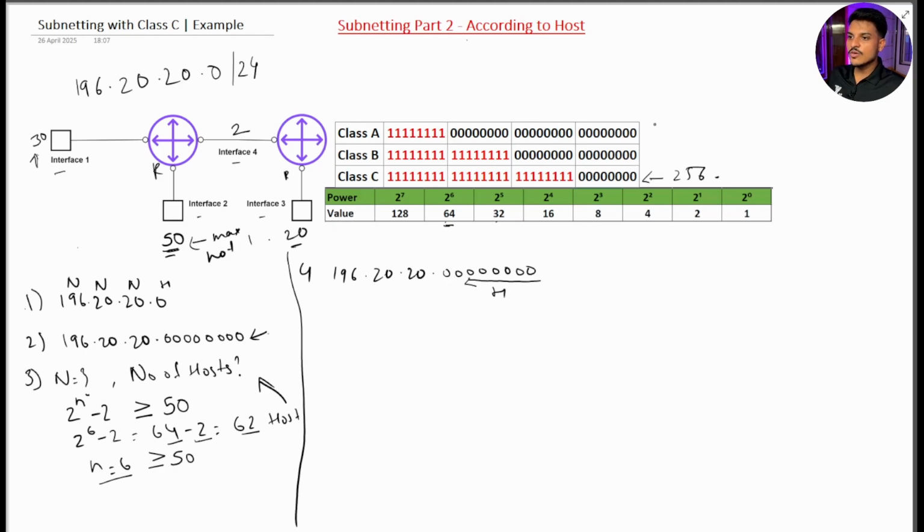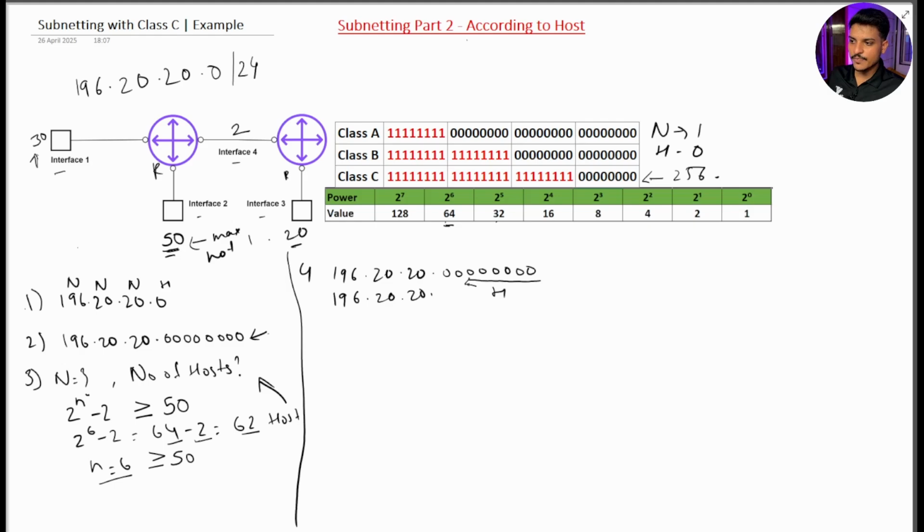As you know, the network bits are represented by 1 and host bits are represented by 0, as you can see here also. So we write the decimal number as it is, 196.20.20, because in class C the first 3 octets are given to the network. Anything you AND with 111 gives that value only, so the first 3 octets we write as it is, but in the fourth octet the subnetting is being done.